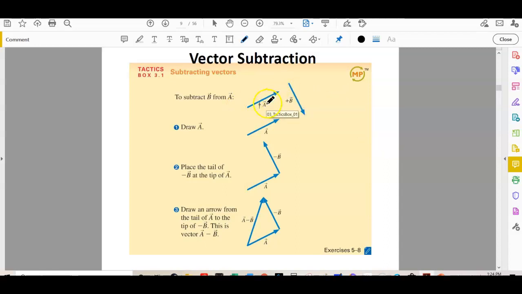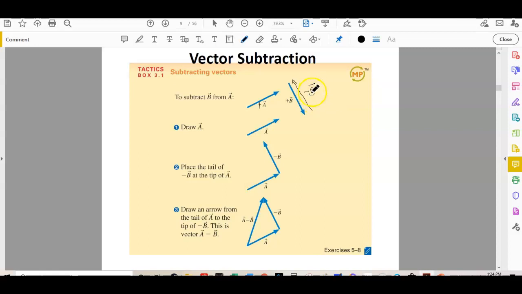But if you need to subtract B from A, and positive B is pointing down and to the right, well then up and to the left is going to be the negative B vector, right? So if down and to the right is positive B, then the opposite of that has to be negative B, all right?